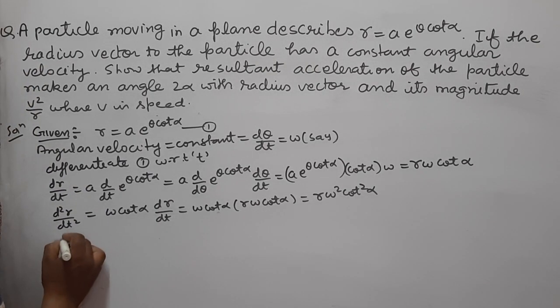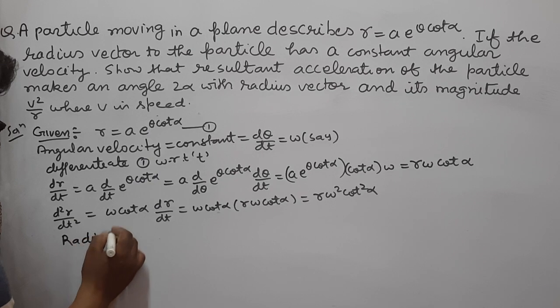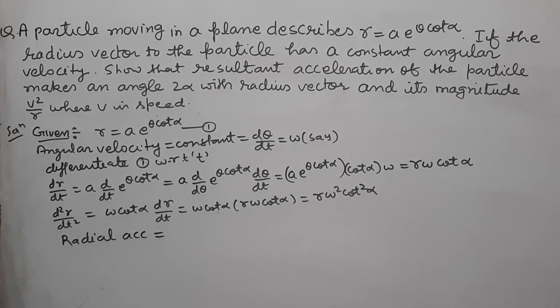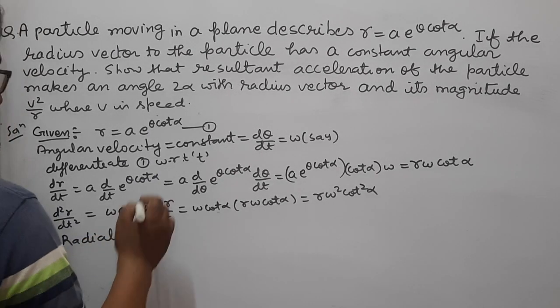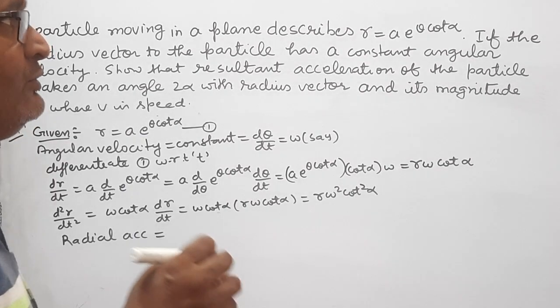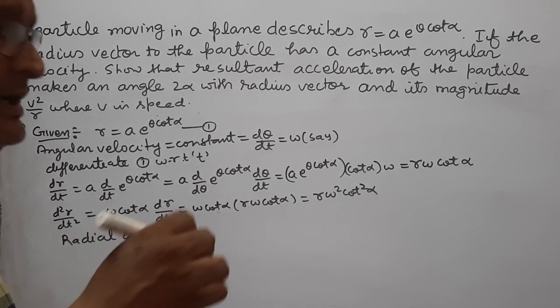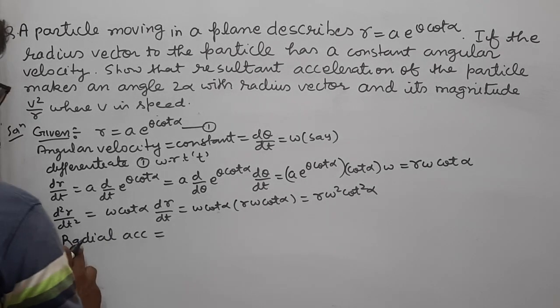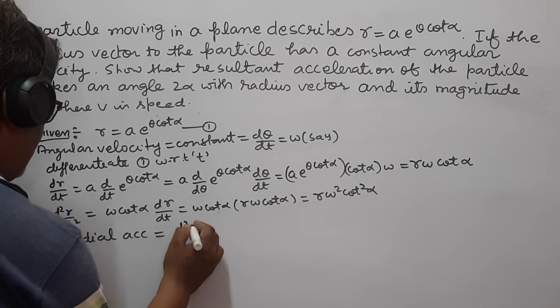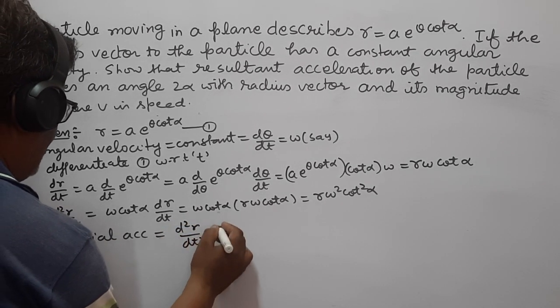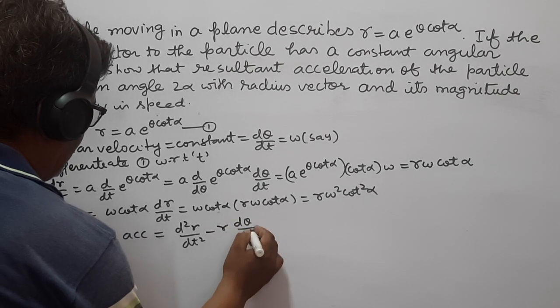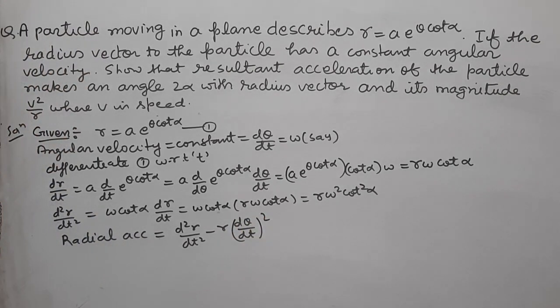Now we find here radial acceleration, because we know that resultant acceleration is the square root of the sum of the squares of the radial acceleration and transverse acceleration. So first we find radial acceleration. This is d2r by dt2 minus r d theta upon dt whole square.